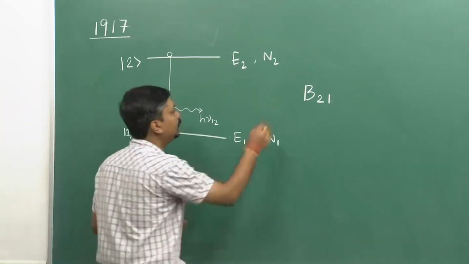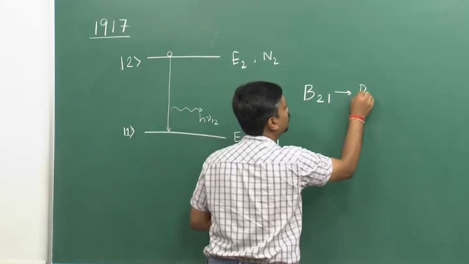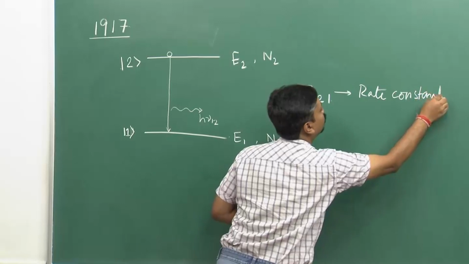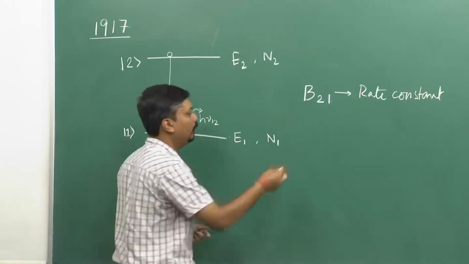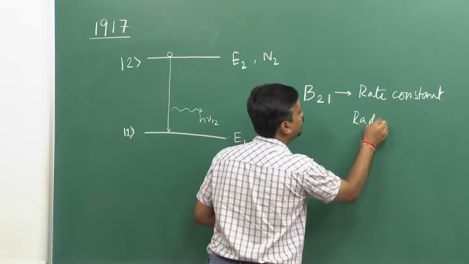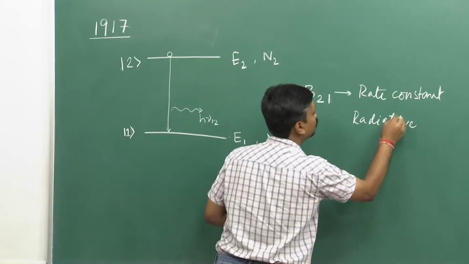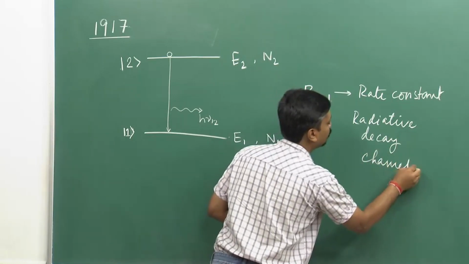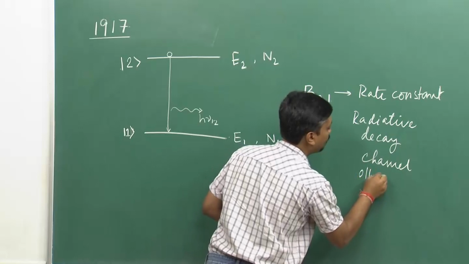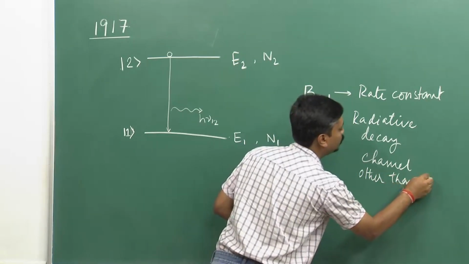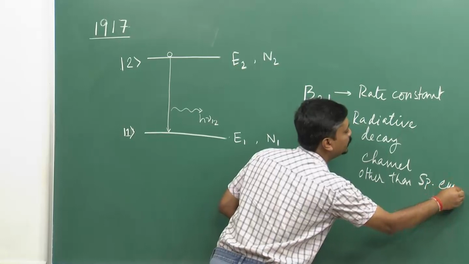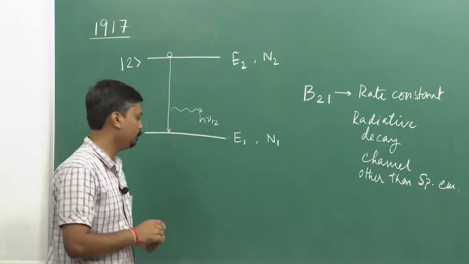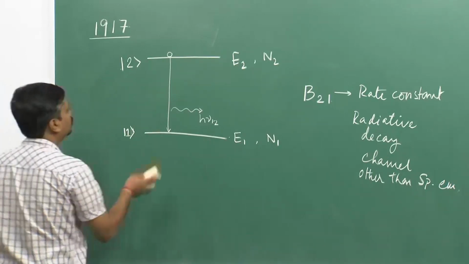So this is the rate constant for this separate radiative decay channel other than spontaneous emission. So how do we depict that process? Let us do that.